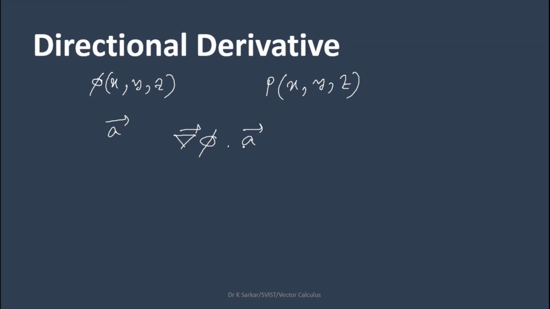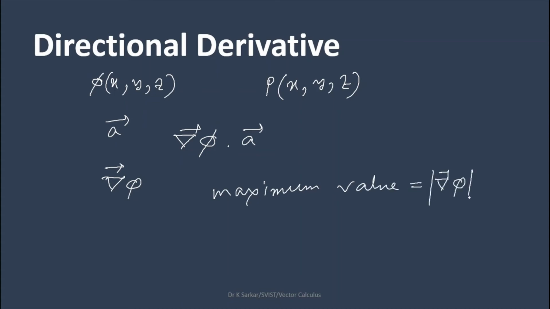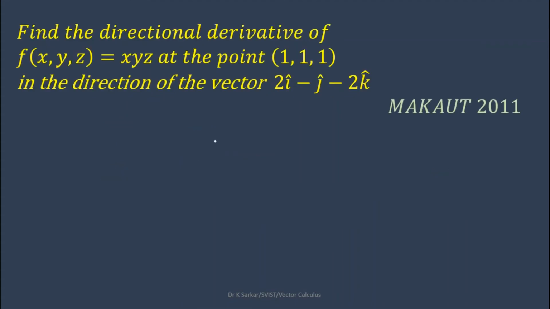The directional derivative of phi is maximum in the direction of grad phi, and the maximum value is mod grad phi. Now let's see how to find the directional derivative. Here is a question. Find the directional derivative of f of xyz equals xyz at the point (1, 1, 1) in the direction of the vector 2i minus j minus 2k.